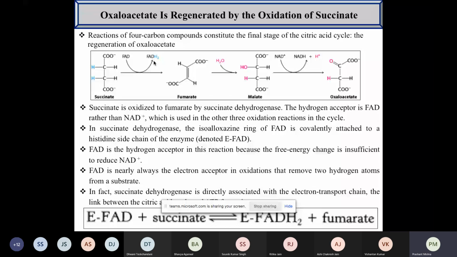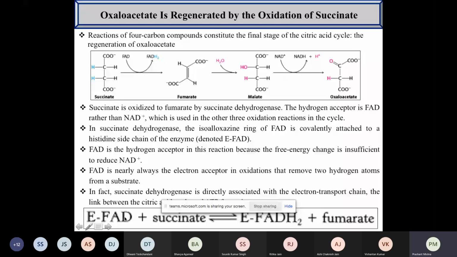So now what you have learned is that succinate dehydrogenase, with FAD remaining attached to the enzyme, converts succinate into fumarate, and fumarate by removal of one water molecule forms malate. This malate again undergoes a dehydrogenation reaction, and one more molecule of NADH is formed, and then ultimately you get oxaloacetate.